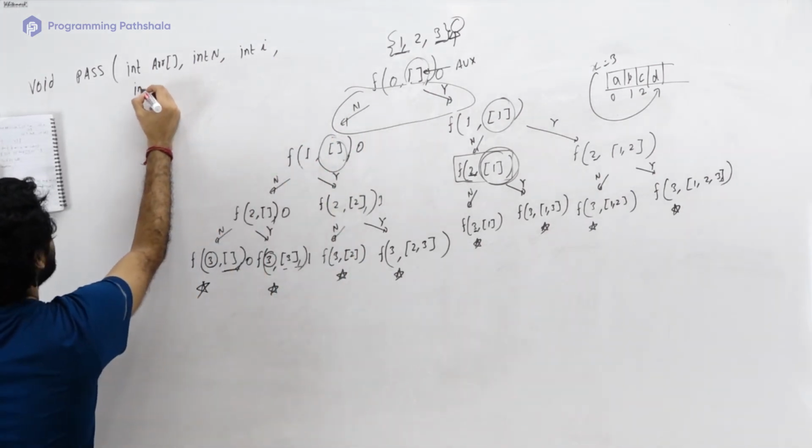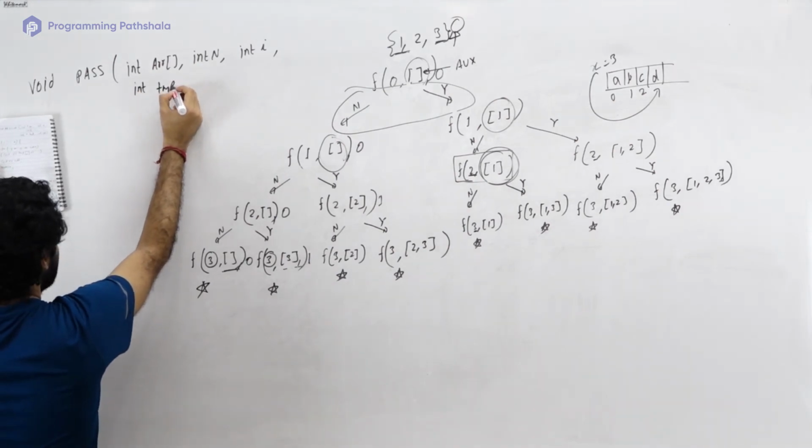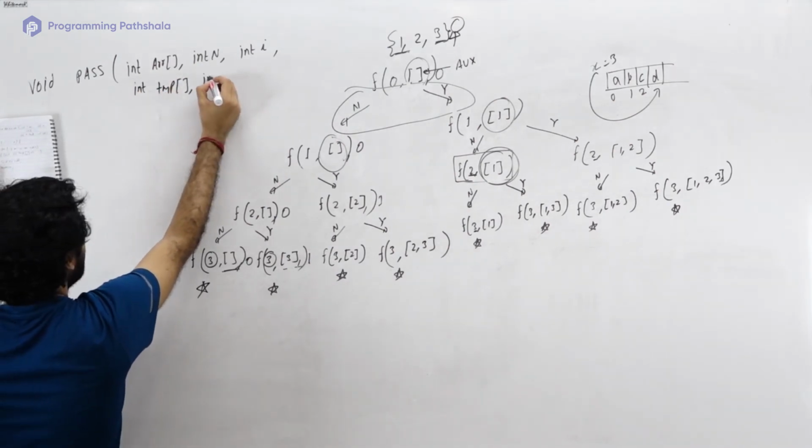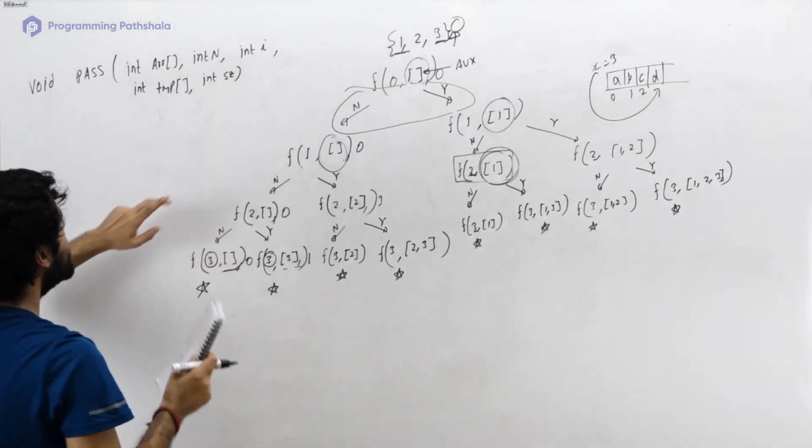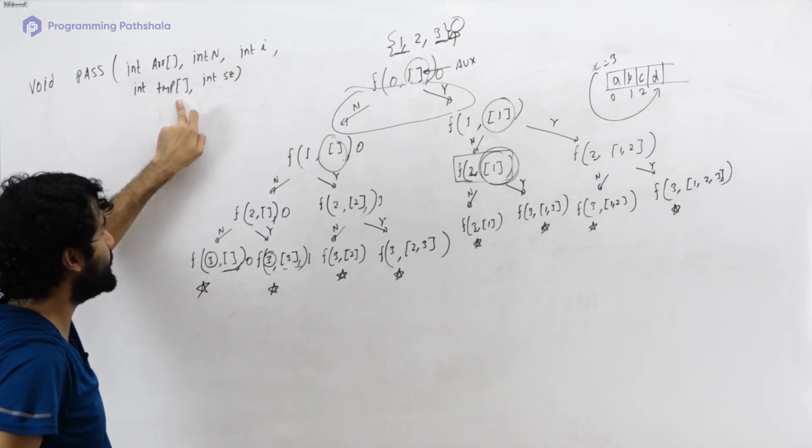So let me call it a temporary array for now, because this acts like a temporary array. And then I'll pass a size variable. Okay, so this size variable basically tracks how many elements I have pushed in it so far.